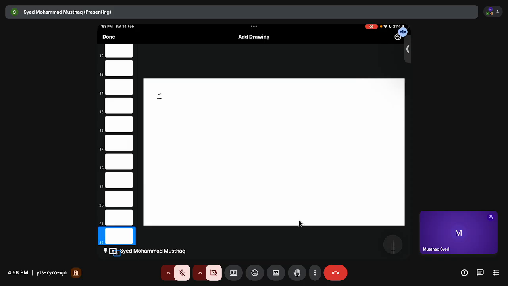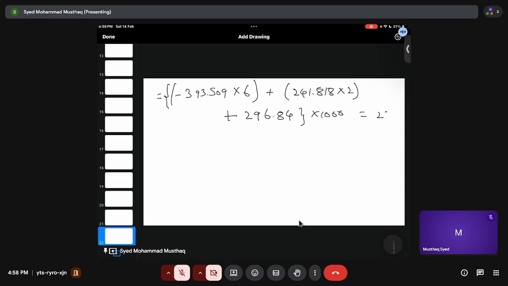Now if I choose the enthalpy values, the standard enthalpy of formation of carbon dioxide is minus 393.509 times 6 moles, plus 241.818 into 2, which is the amount of hydrogen, and 296.84 plus 296.84, into 100, you will get 2874374.